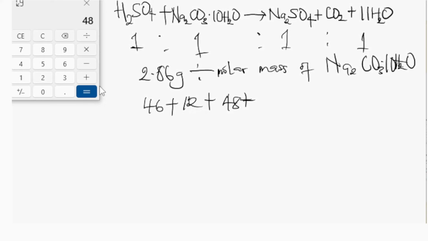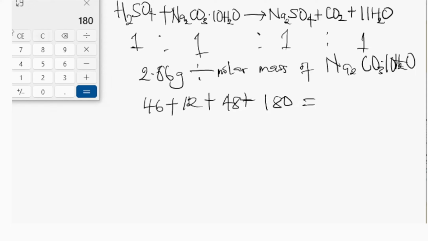H2O is 2 plus 16, and that's 18, times 10, that will be 180 here.